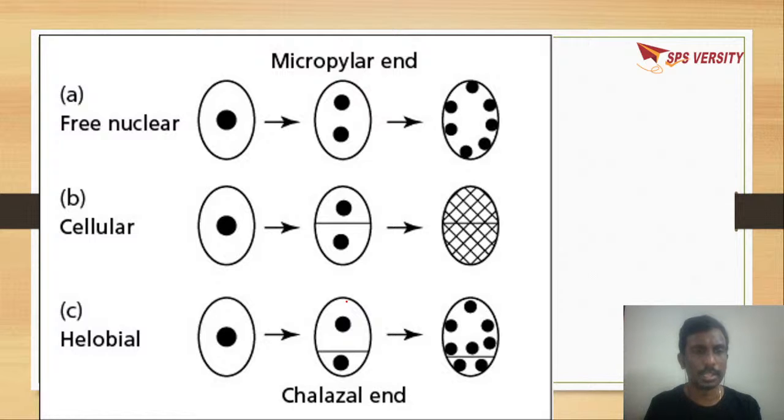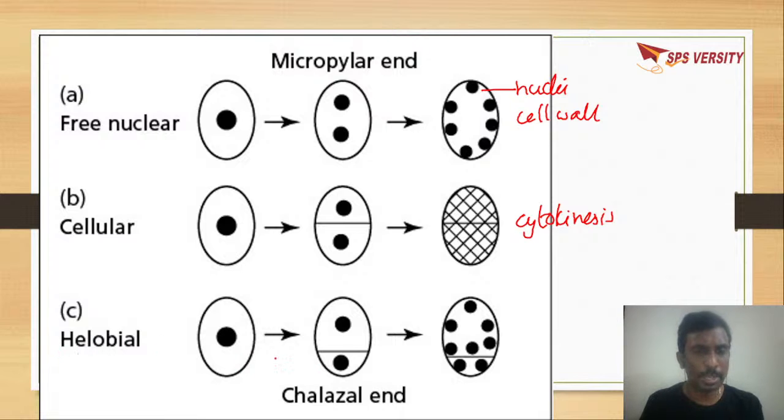Here you can see the diagrams where in free nuclear endosperm many nuclei are formed. These are nuclei. Later on, cell wall is formed. But in cellular, as and when a nuclear division takes place, immediately cytokinesis takes place, which leads to formation of many cells, which is called cellular endosperm.